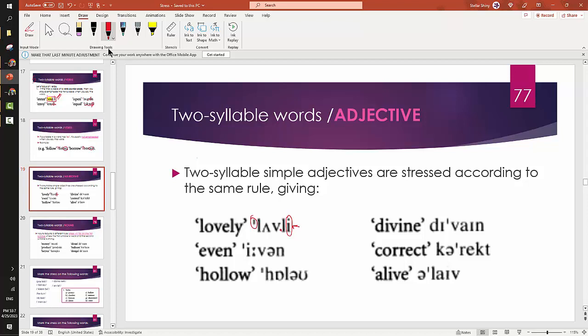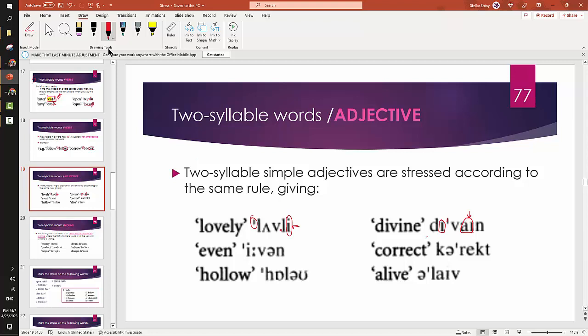Here, divine. We have a diphthong and a short e sound. The diphthong is stronger than the e sound, so we stress the second syllable: divine. Even. I'm sorry, it's not event, it's even.